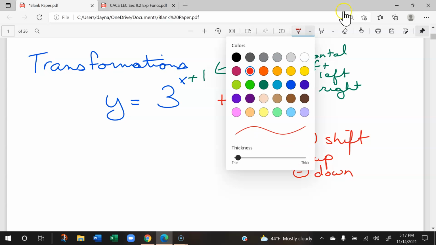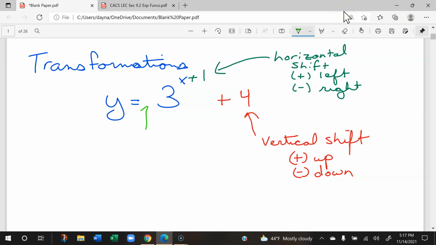If I have a negative sign sitting here, this is going to mean that I have a vertical reflection, meaning I flip down.